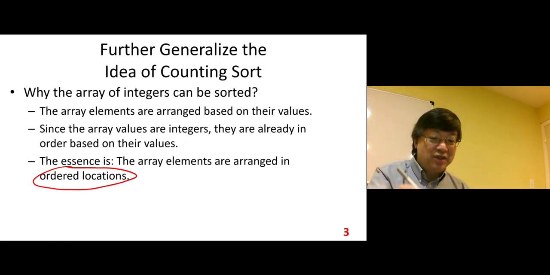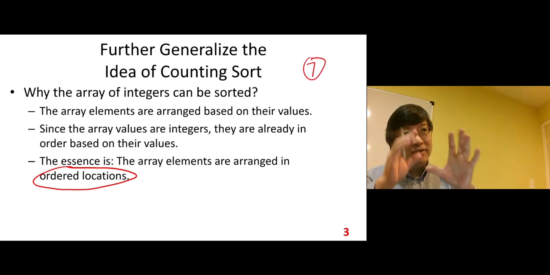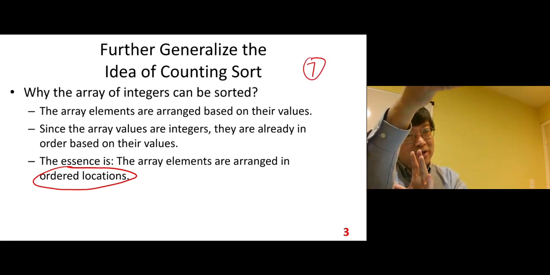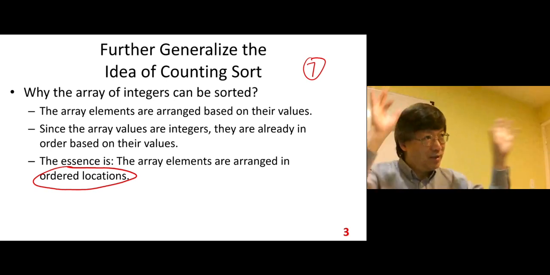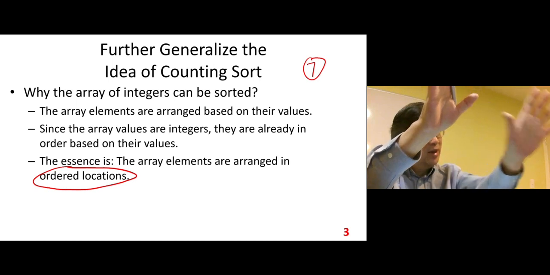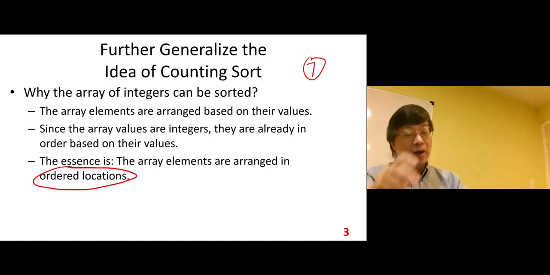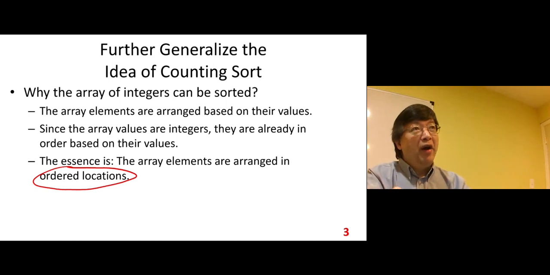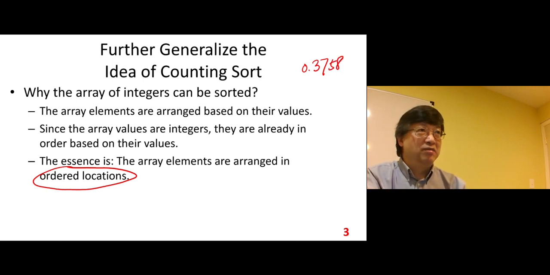Because when we see the value 7, we know this number corresponds to location 7. So there is a location we can put it in. Look at the counting sort: we try to put it in a location. But for non-integer data, you don't have this property. For 0.3758, where is the location you put it?